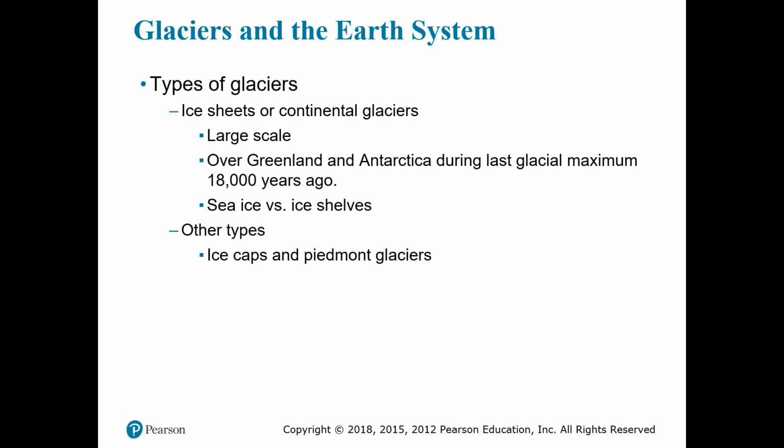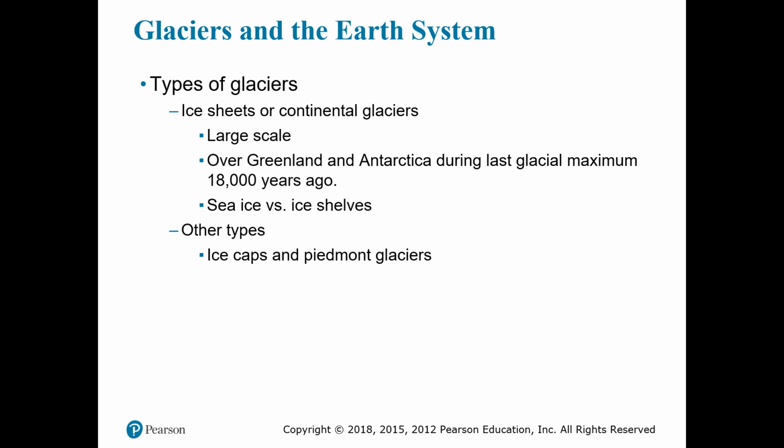If we look at the last Ice Age, about 18,000 years ago, glacial ice covered Greenland and Antarctica, but also large portions of North America, Europe, and Siberia. This was called the last glacial maximum, the last time that we had the maximum amount of glaciers, you could say.